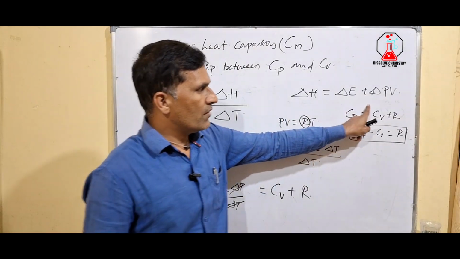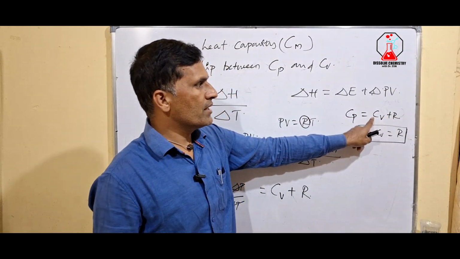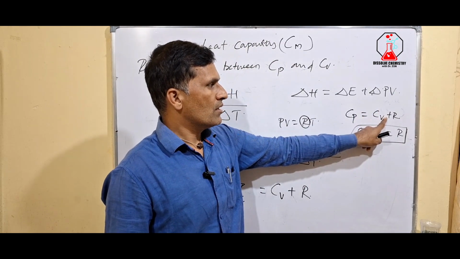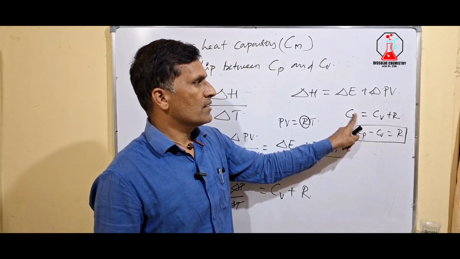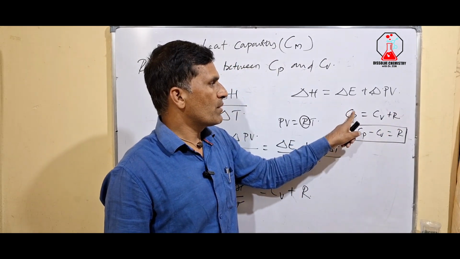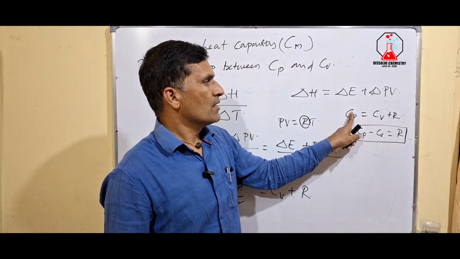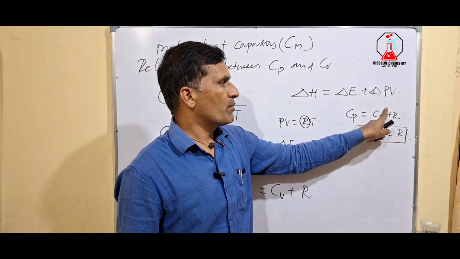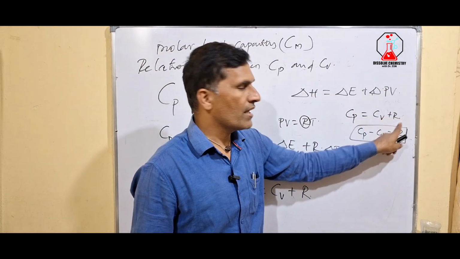It means always remember, molar heat capacity at constant volume is less than Cp by the amount R, or molar heat capacity at constant pressure is greater than molar heat capacity at constant volume by the factor R.